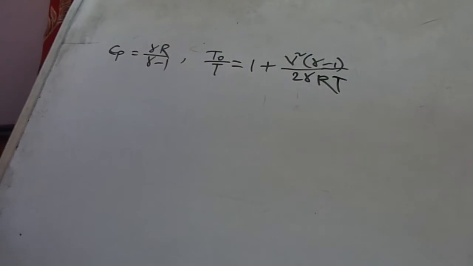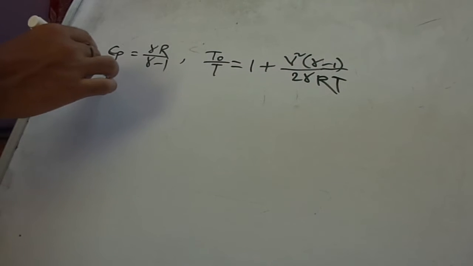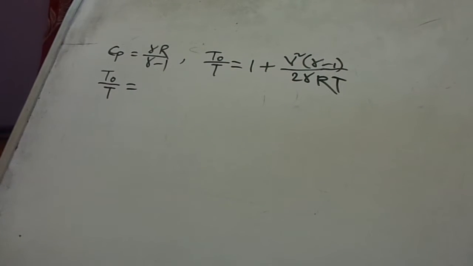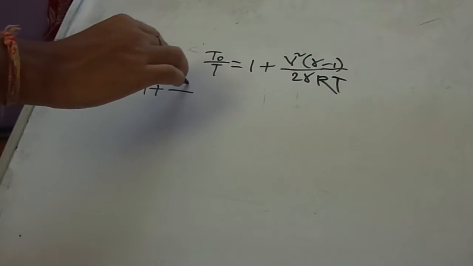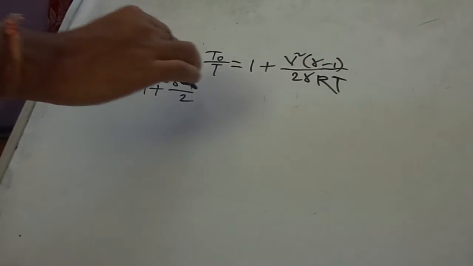So you may write down with the Mach number, T0 by T is equal to 1 plus (gamma minus 1) by 2 M square.